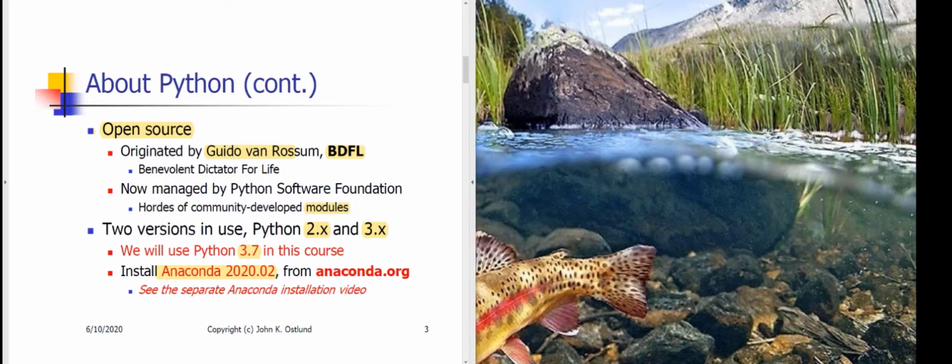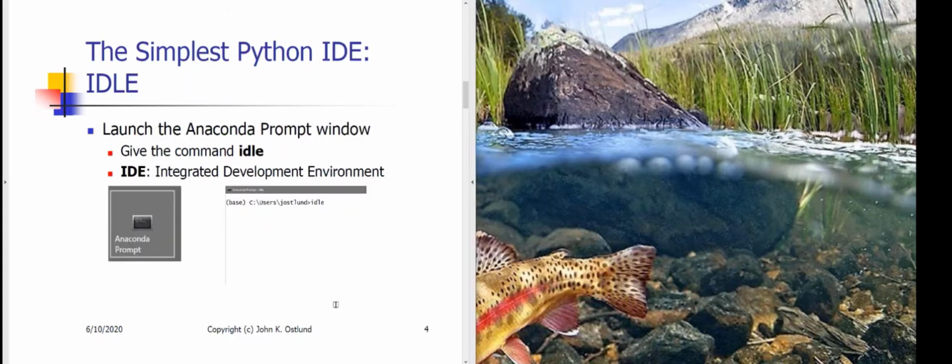All right, so I'm going to assume that you have installed Anaconda 2020.02, and we want to now start interacting with an Anaconda development environment. The simplest integrated development environment for Python is this thing called IDLE.